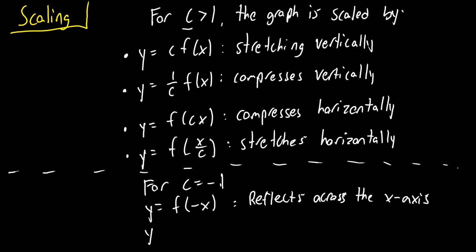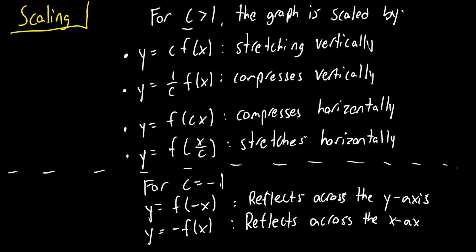And if we have y equals -f of x, this will reflect, oh, I mixed these up. This is y-axis. That's why it wasn't making sense. Sorry about that. Now this is reflects across the x-axis. Okay, and so let's move on to some examples here.